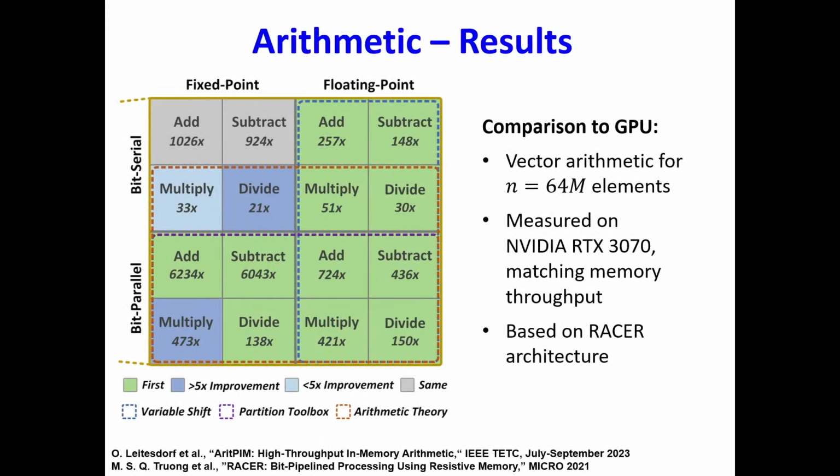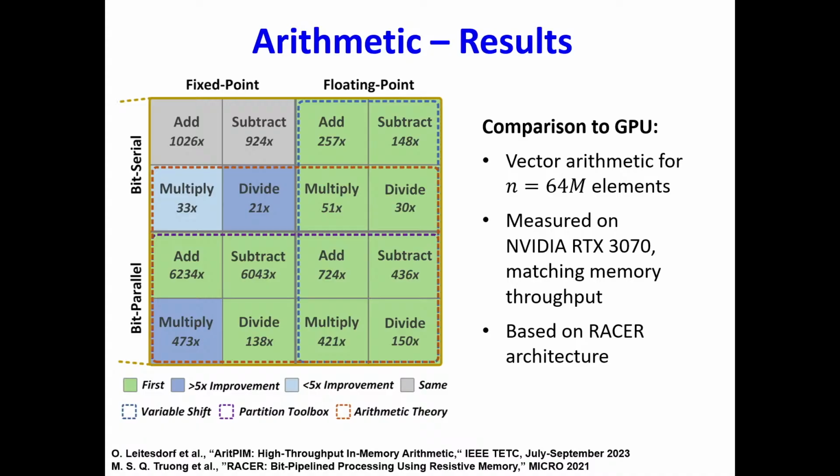And for the evaluation, what we did was to take vectors of the size of 64 million elements, building on a memory that is equivalent to the memory that was used for the GPUs that we measured. And we implemented the system for the mMPU based on a paper from Micro 2021 from a group from the University of Michigan that took MAGIC and implemented the system.